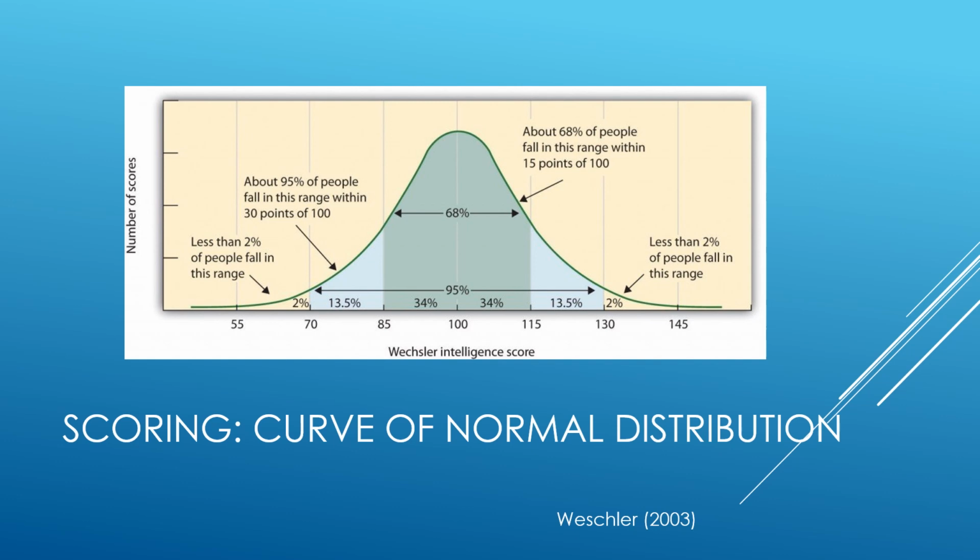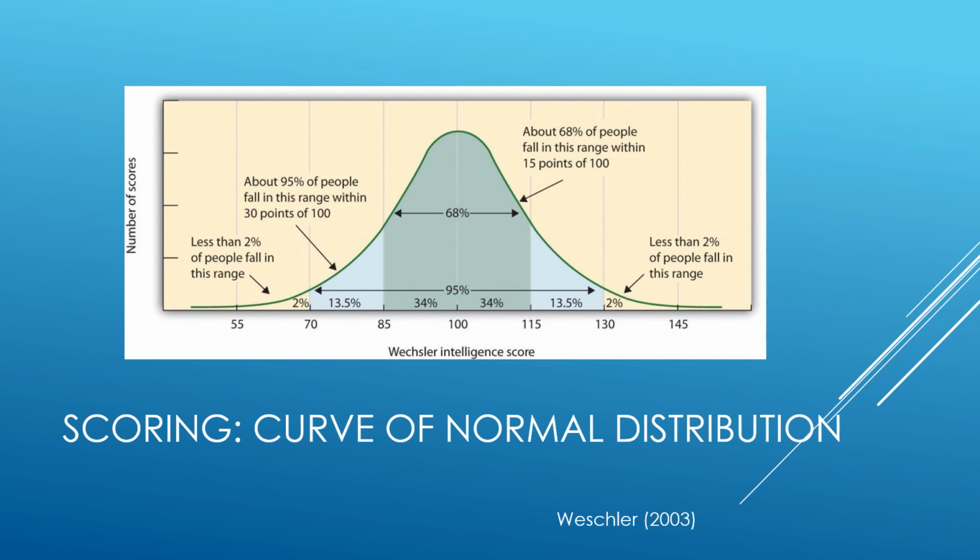Anything between 85 and 115 is one standard deviation either side of that mean, and so that would be considered within the average range, and about 68% of people fall in this range. If we're looking at below 85, that's when we start to talk in terms of below average, and fewer people would fall in this range.